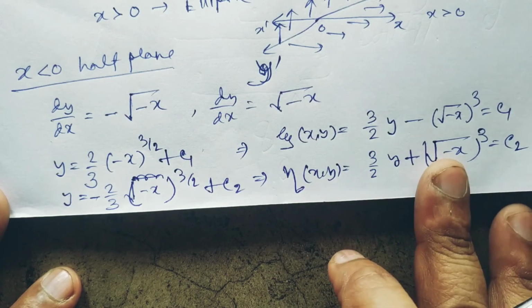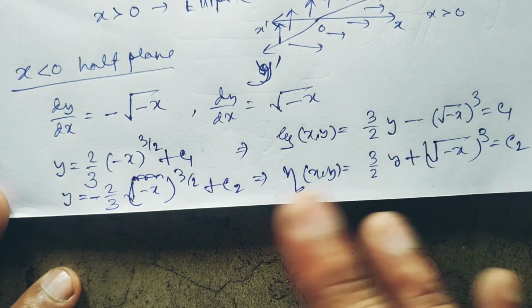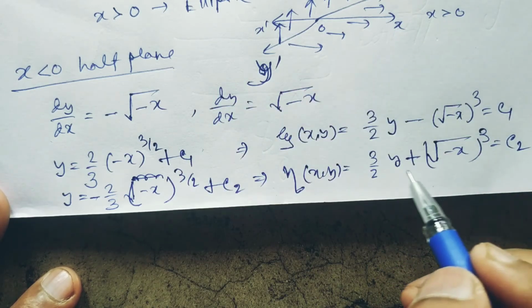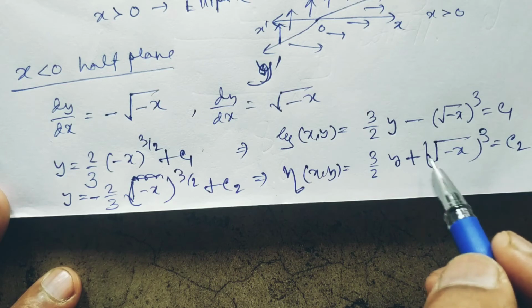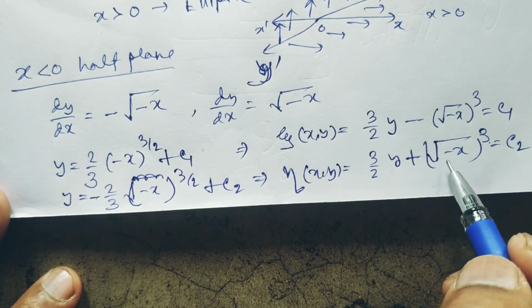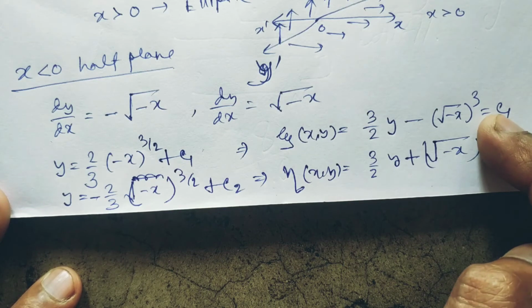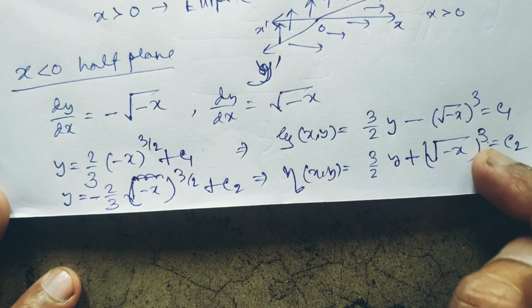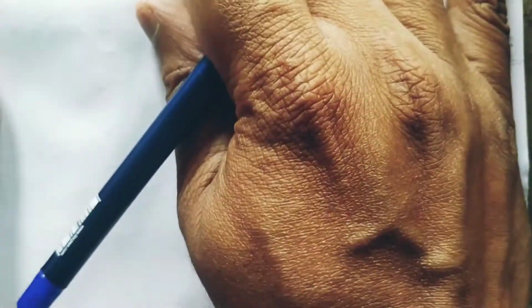Now these are actually cubic parabolas, and if you see that this is in a structure which is in cubes, but if you square both sides, neglecting this cube, it looks like a parabola, and as this is cube, we call it a cubic parabola. So we will convert the whole system to its canonical form.